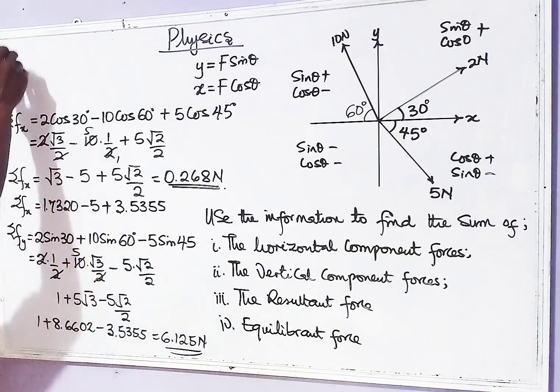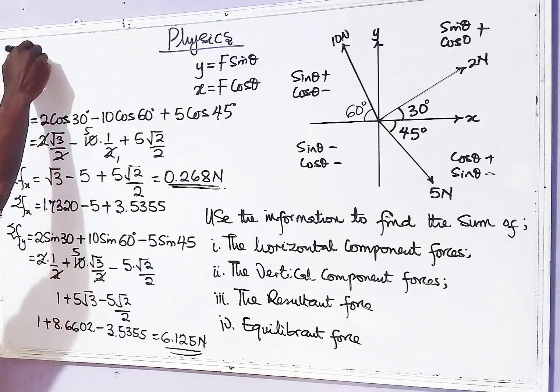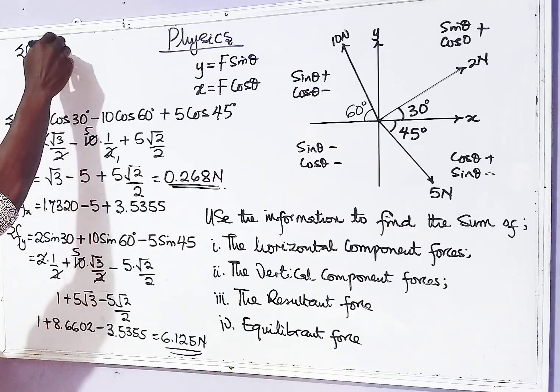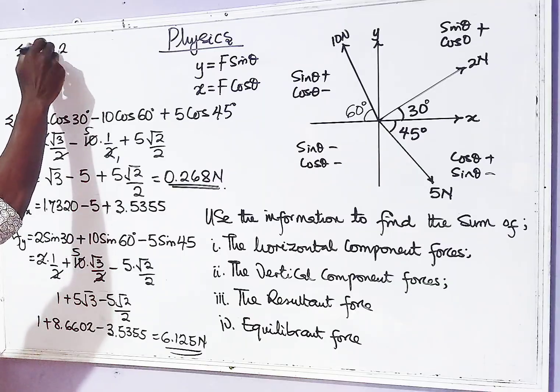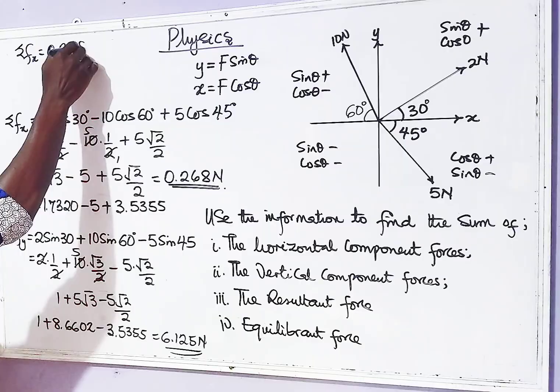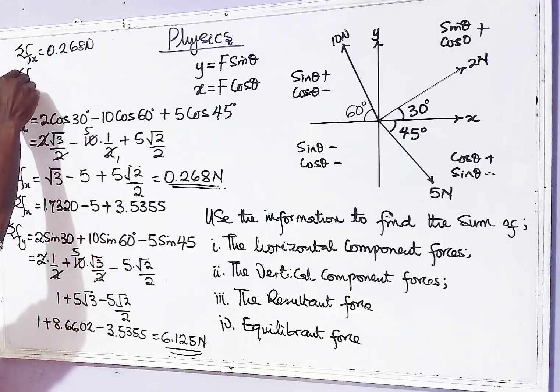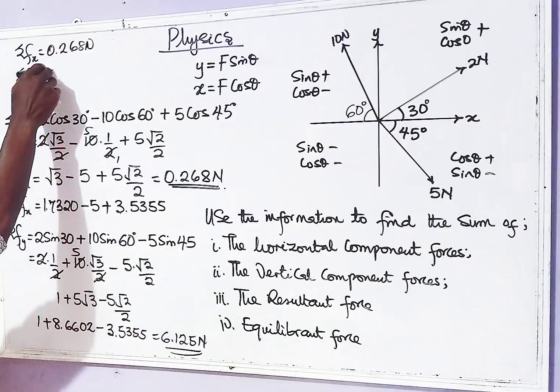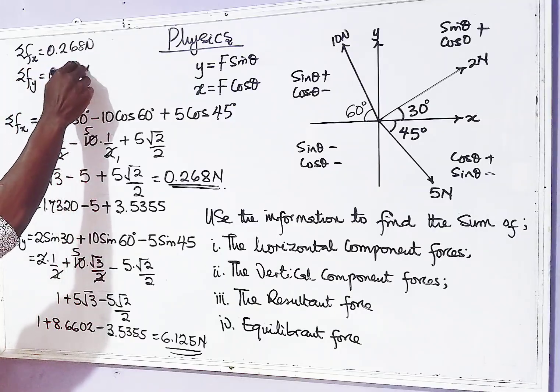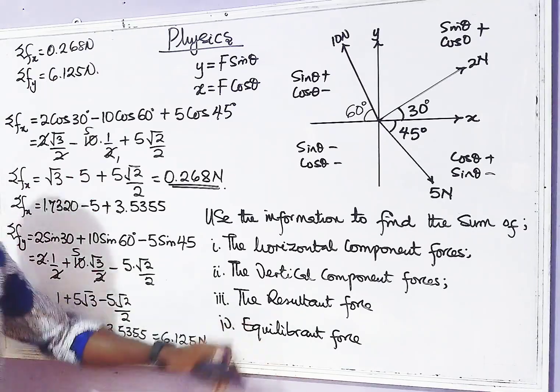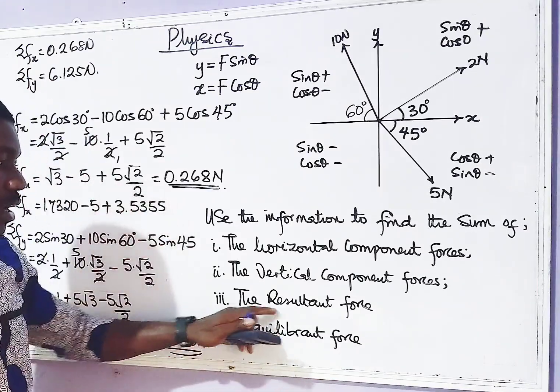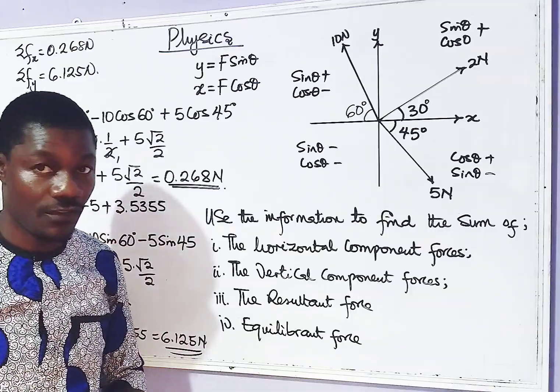So here we have that the summation of x is 0.268 Newton, and y is 6.125 Newton. So now let us resolve the resultant force.